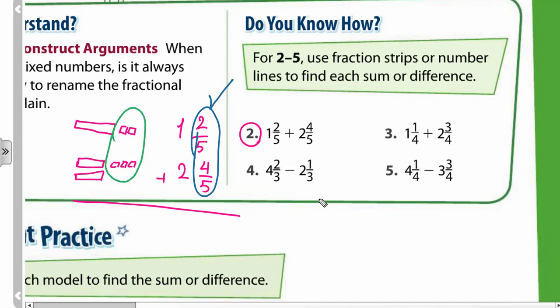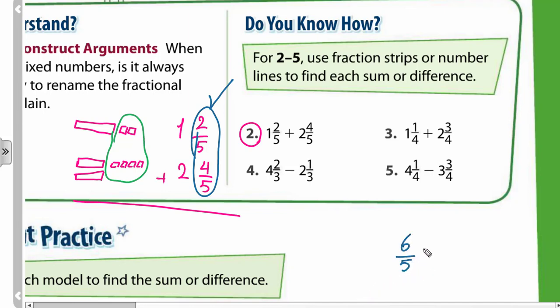Oh, I erased one of them. Okay, I need to show you again that we start with the fractions. 2 and 4 is 6 fifths. Now these are 6 fifths, but do you know that 6 fifths is more than a whole one?